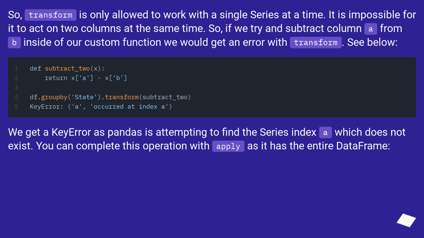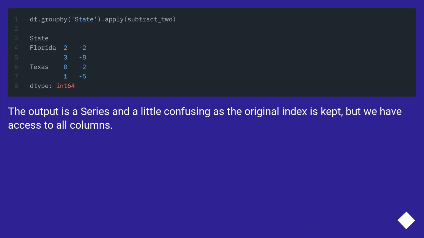You can complete this operation with apply as it has the entire data frame. The output is a series and a little confusing as the original index is kept, but we have access to all columns.